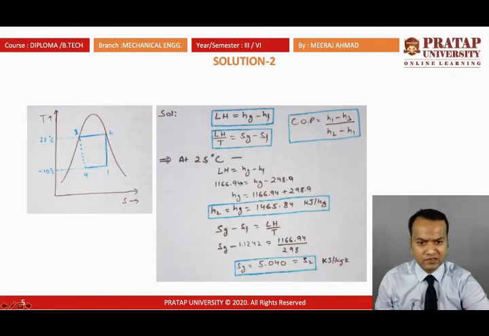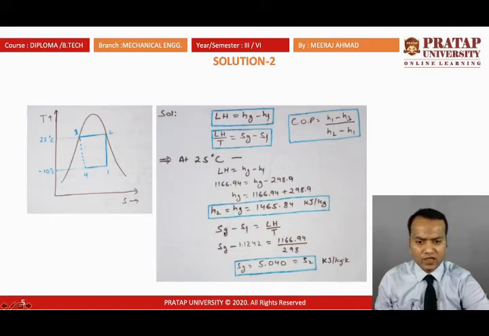You can see in the table, and Hg you have to find, minus this Hf value at temperature 25. You can get it from the table. Then you have to find the Hg value. The Hg is equal to 14,465.84 kilojoule per kg, and this Hg is equal to H2, which is saturated vapor.